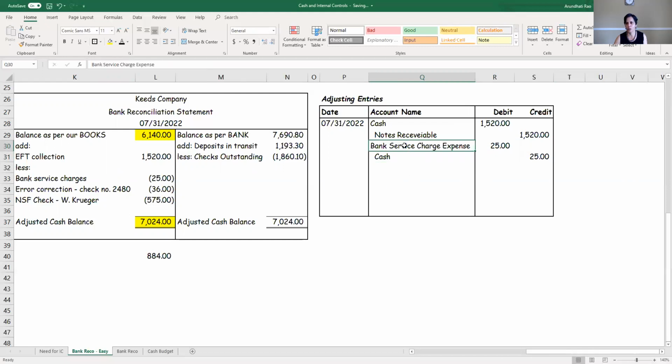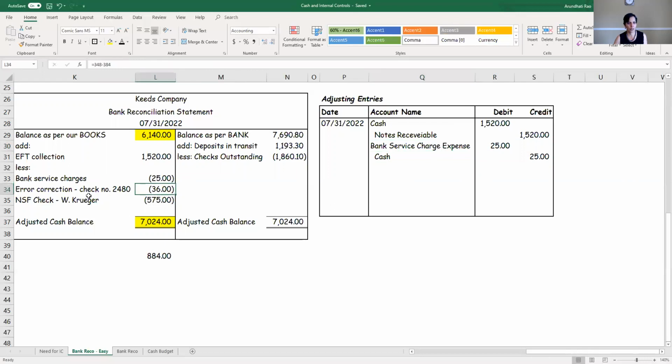A company can choose to, if it's an insignificant amount, roll it up into an account called miscellaneous expense. They could roll it up into an account called office expense. Whatever the company decides to do, they have to be consistent. Every month they have to do the same thing, put that amount in that same account. I'm going to put it in bank service charge account because I've not been given any specific information.